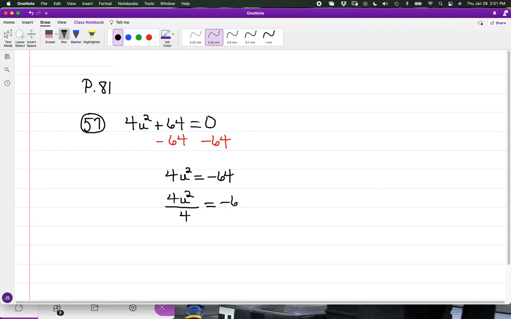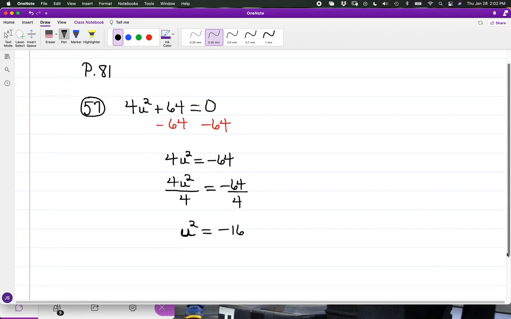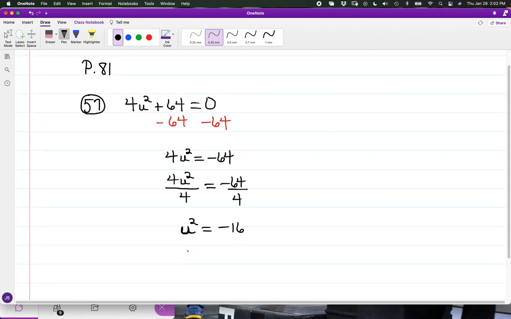we're going to have the left hand side become u squared, and we have u squared equal to negative 64 over 4, which will be negative 16. In the follow through, upon utilizing the square root property of equality, this time working with the letter u, I'm transforming u squared to u, whereas on the right I'm going from negative 16 to plus or minus the square root of negative 16.